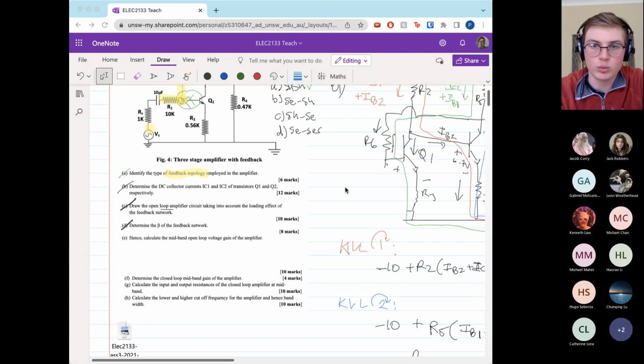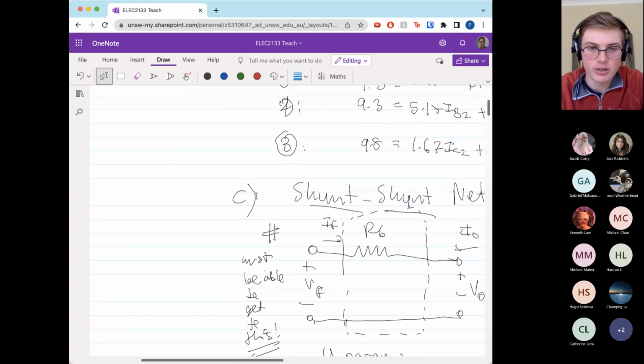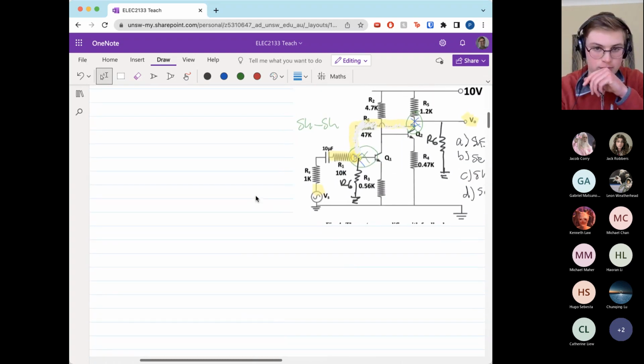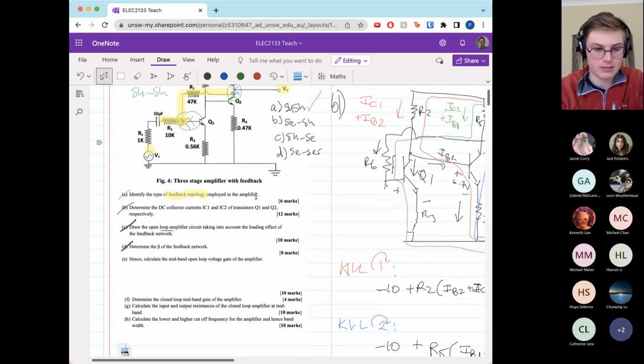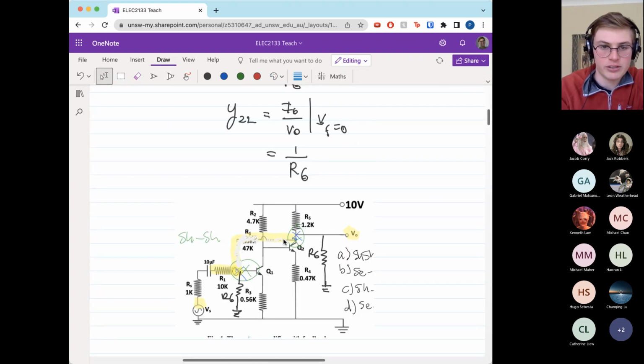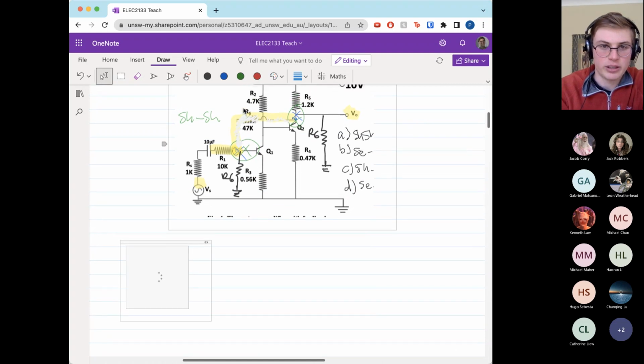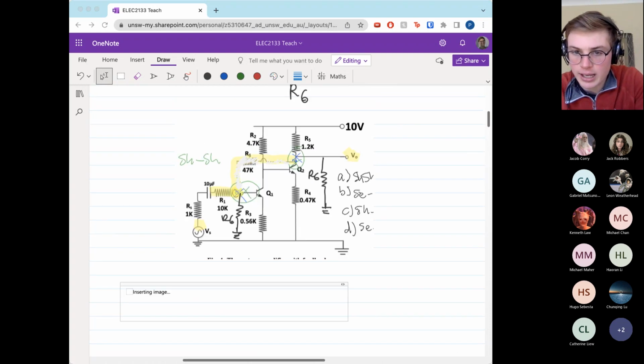Hybrid, yeah, cool. Remember, we're going to do our open loop. It's an open loop voltage gain, right? So we're going to have to use this circuit here. Let's convert this circuit without our R6, but with our loading effects, into an equivalent circuit.